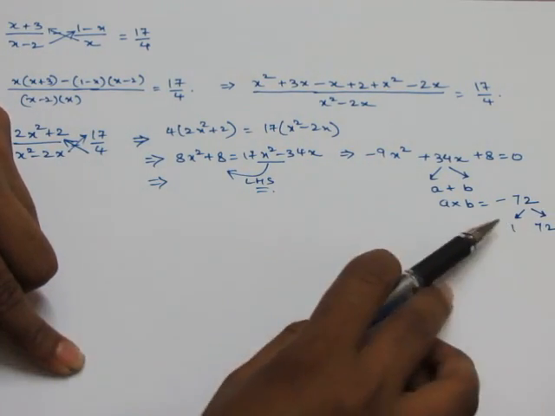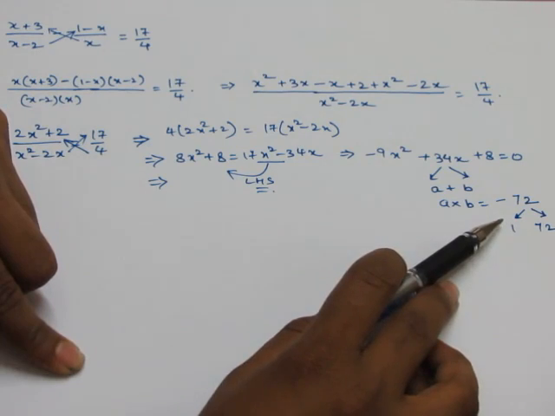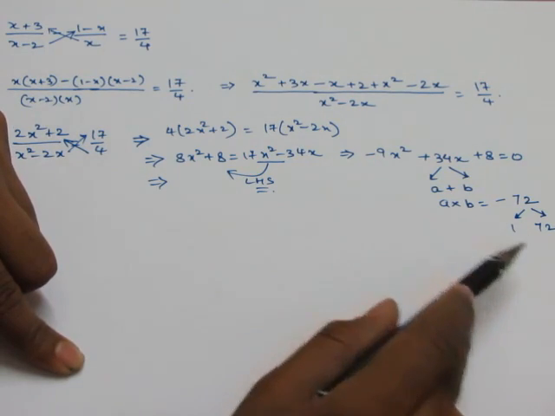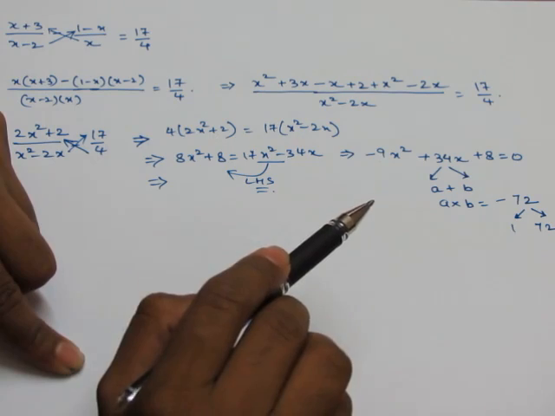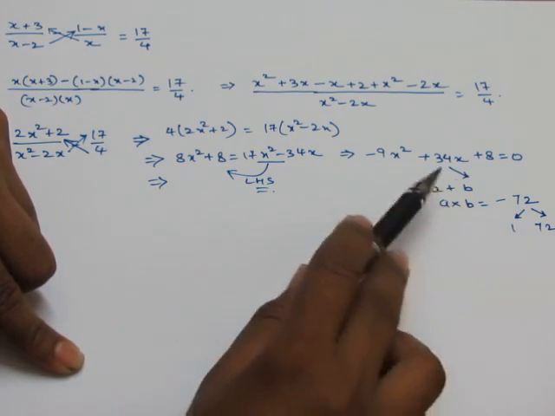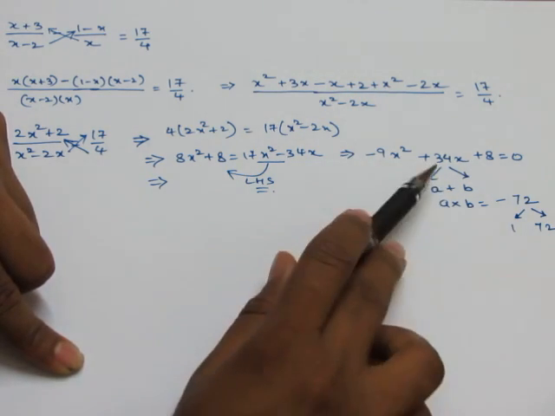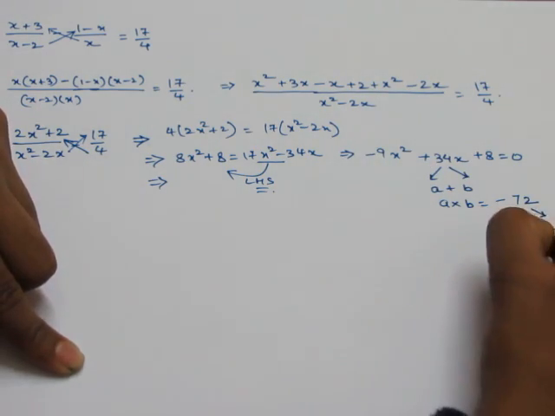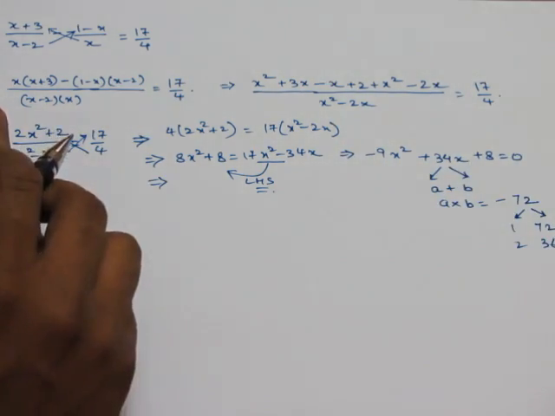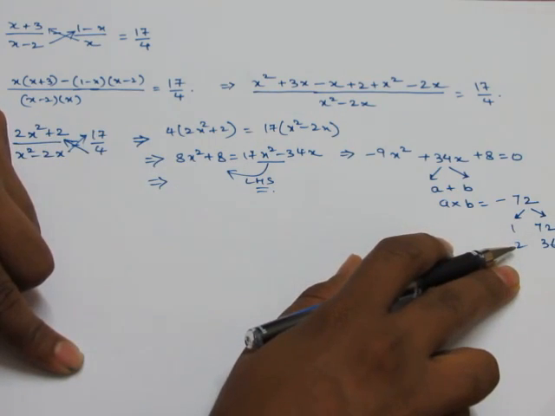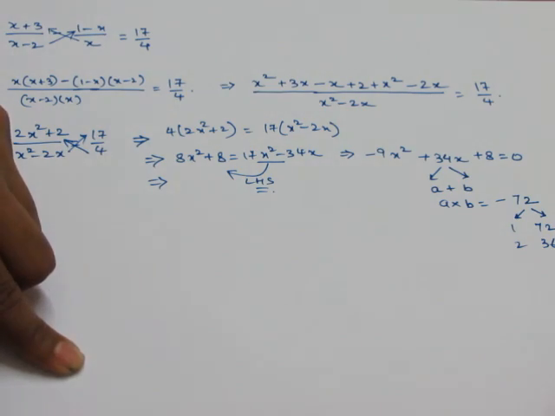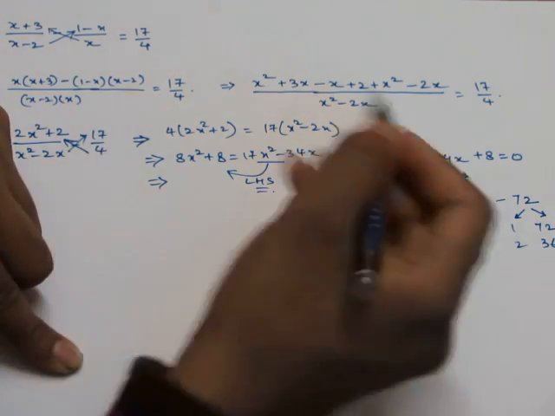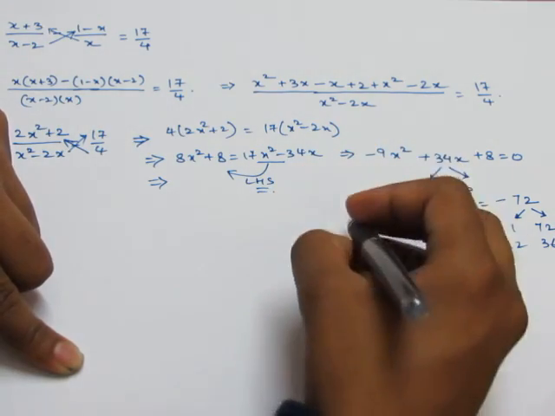When I factorize this minus 72, I can split into two parts, 1 and 72. So 1 plus 72 is 73 and 1 minus 72 is minus 71, and I need 34. 2 and 36: the sum is 38, and the difference is 34, and I need 34.